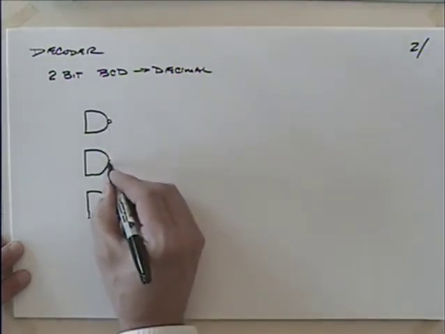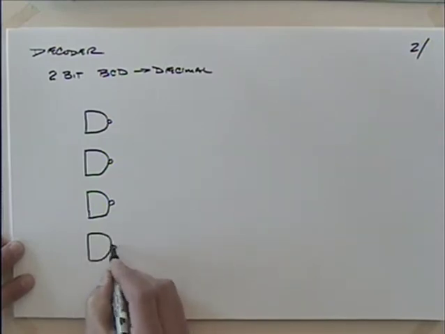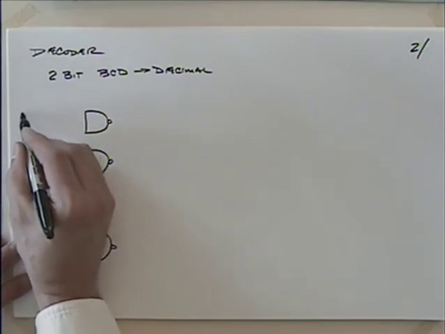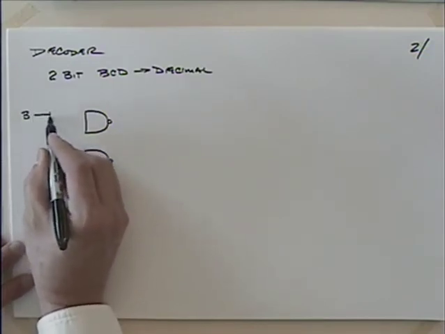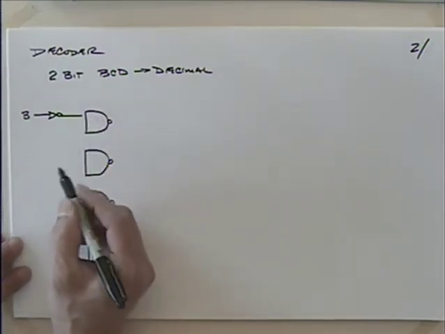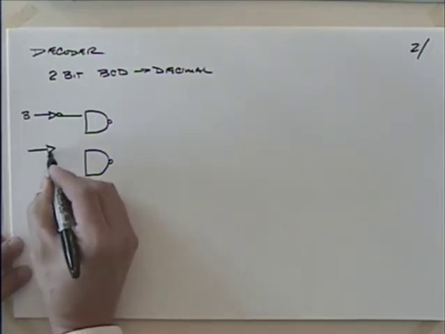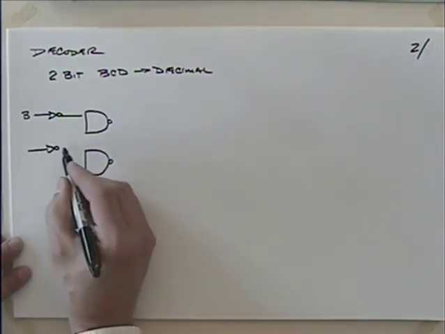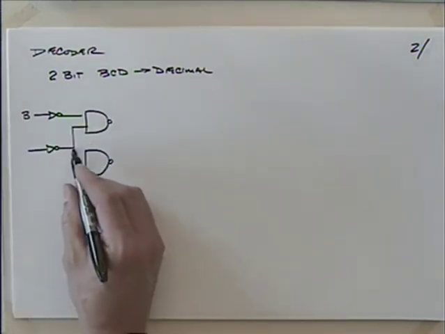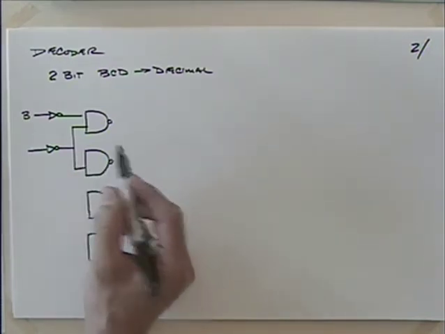We'll use some NANDs. And we'll have our B here. And then A. So invert A and go up into there. And into here. B, what do I want to do in there?